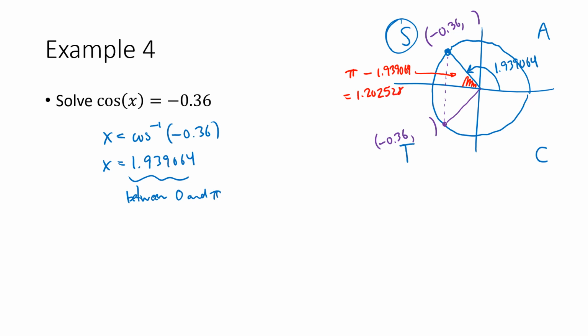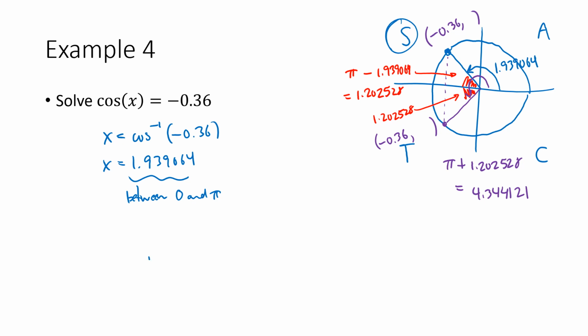So that reference angle is the same reference angle as down here, so that's also going to be 1.202528. And so the angle that we're looking for is going to be pi plus that 1.202528 reference angle. And that works out to be 4.344121. So we've got two solutions between 0 and 2 pi.